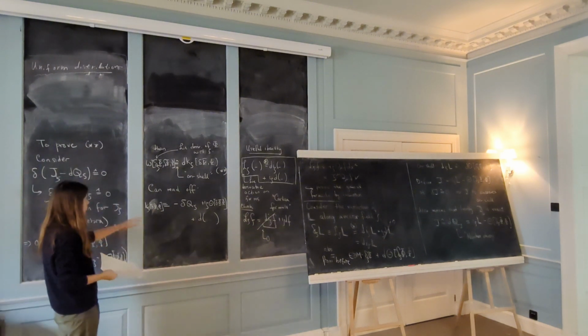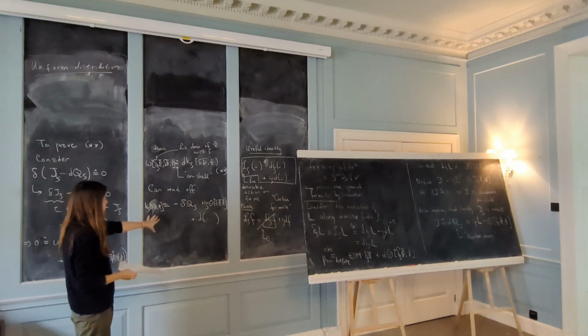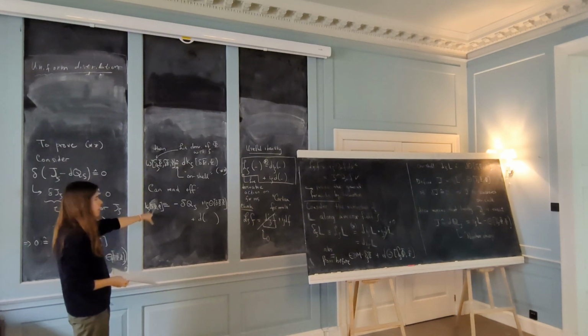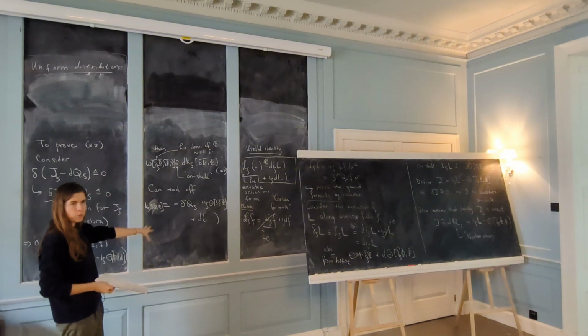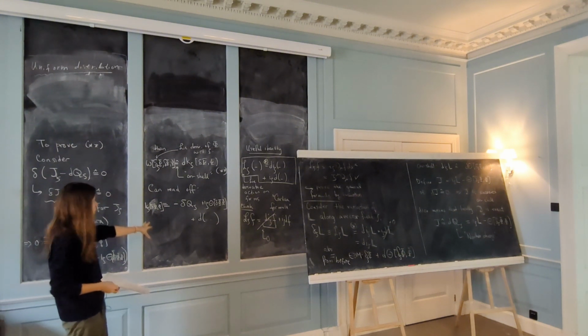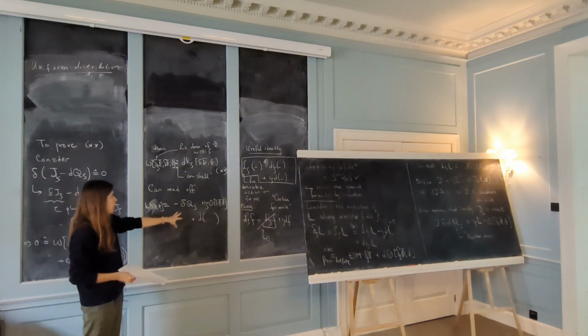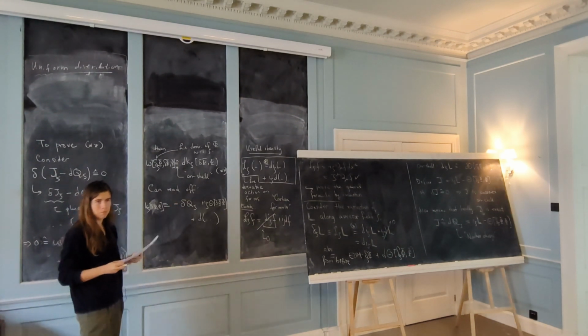The reason why this formula is nice is because it tells us that if I take this d minus 2 form and integrate it over a codimension 2 slice in space-time, I can obtain a conserved charge.